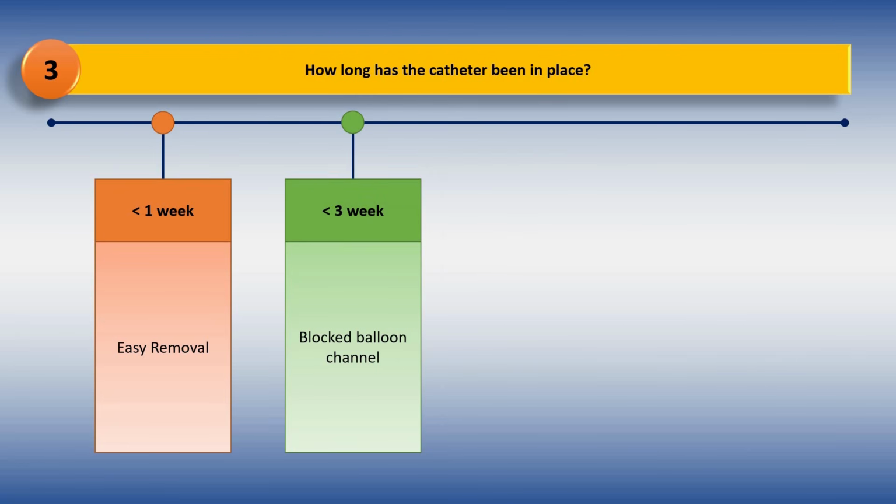But if the catheter has been inside for about 3 or 4 weeks, then in some patients the balloon channel may be blocked and you will not be able to deflate the balloon. So you should be mentally prepared and ready to use the methods to deflate the balloon. Or if you do not know them, you should have a senior assistant available with you.